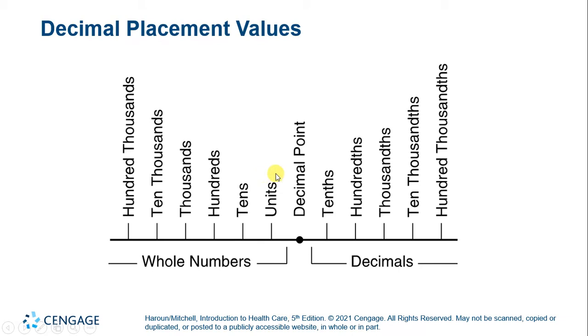So if you had a 2 at the units spot, that's the unit. If a 2 was one spot to the left here, that's the tens. So you see it goes units, tens, hundreds, and to the right of the decimal point, tenths, hundredths, thousandths.